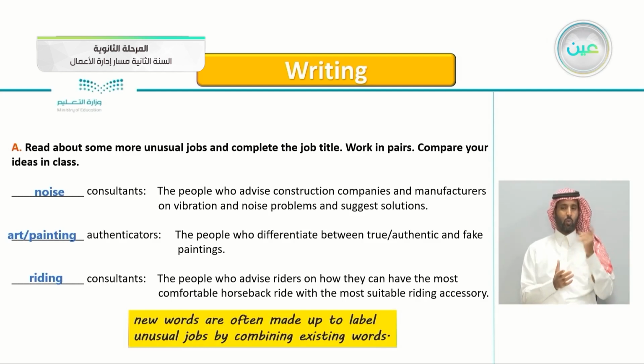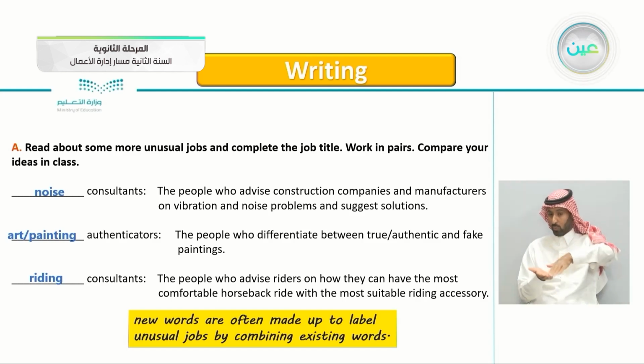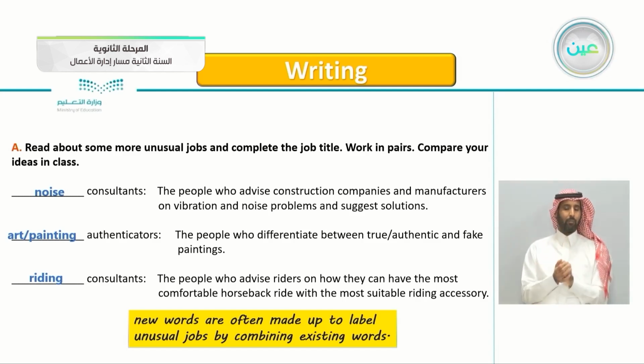New words are often made up to label unusual jobs by combining existing words. Sometimes we make up new words. Why? To label unusual jobs by combining existing words. For example, the cheese sprayer from the previous lesson, the person who sprays cheese.